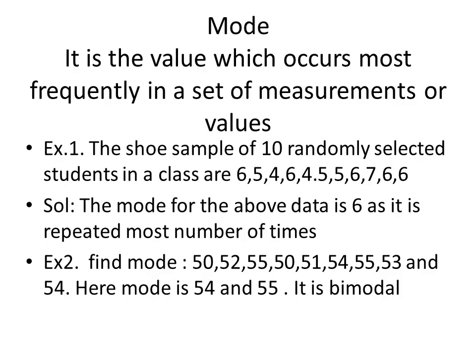Next thing is mode, which is the easiest thing to calculate for raw data. It is the value which occurs most frequently in a set of measurements or values. So, the number of times repeated, the frequency, gives the mode. For example, shoe sizes of 10 randomly selected students in a class are 6, 5, 4, 6, 4.5, 5, 6, 7, 6, 6.